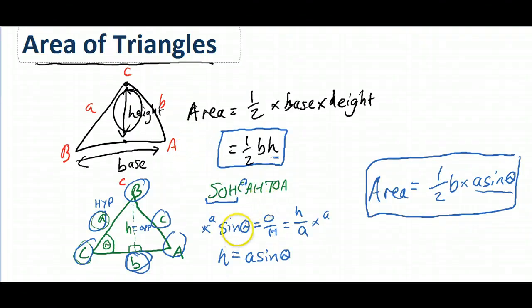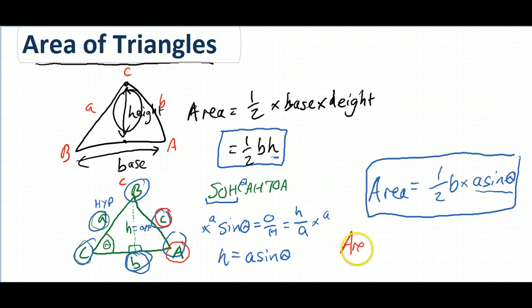Oh, and I should mention that we should be aware that if the triangle was labelled differently, if we were trying to work out the area and we had a different set of values, say we had C instead of A, we knew this side C and this angle here A, then the situation would be the same, but we'd just have to write the equation slightly differently.